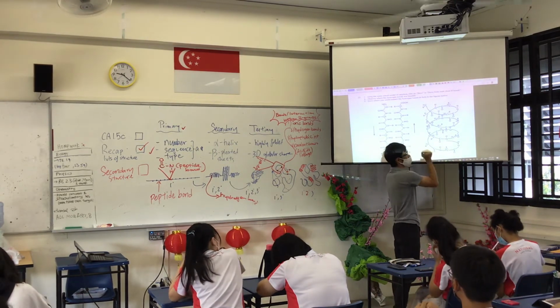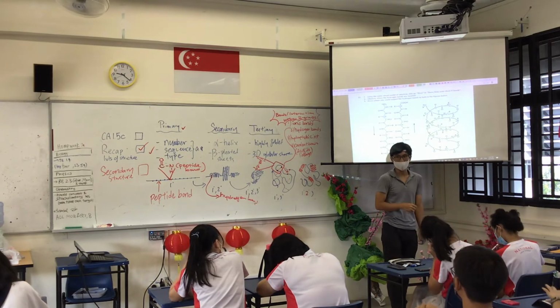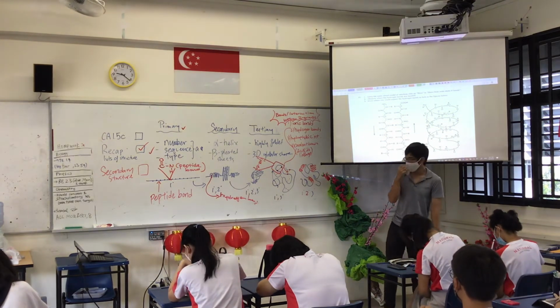Use dotted lines to draw in where you think hydrogen bonds can take place, and then we'll go through in a while.